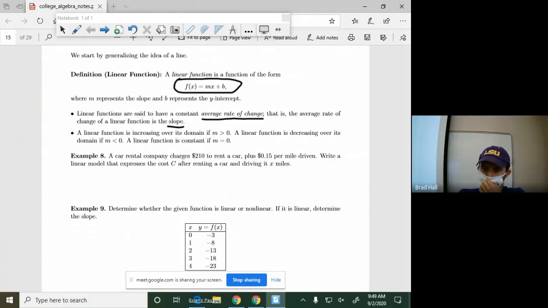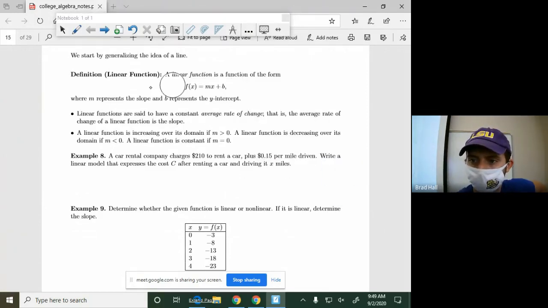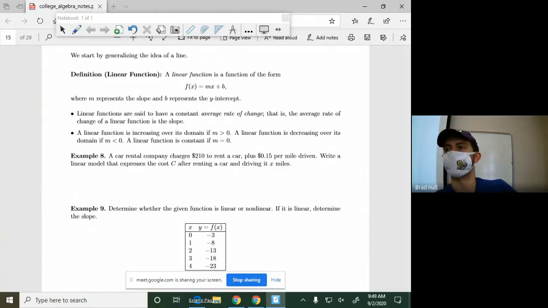Let's move on to example 8. Example 8 wants us to just write a linear model, which is just a fancy way of saying write a linear function given all of this information.